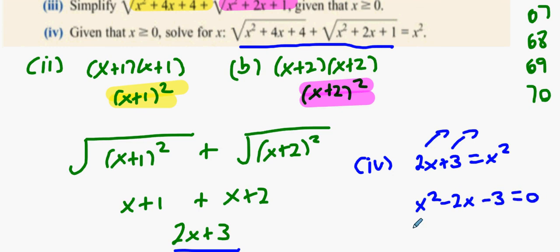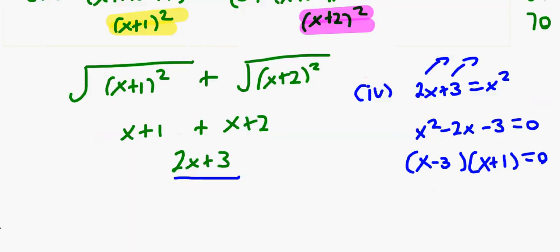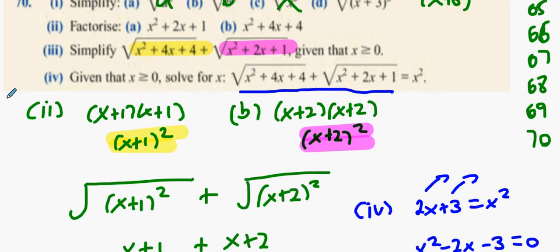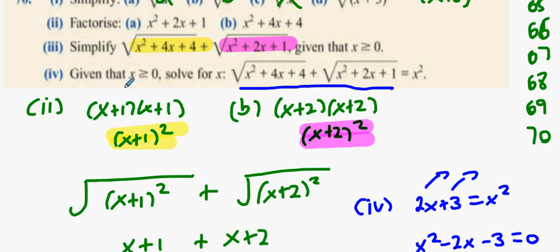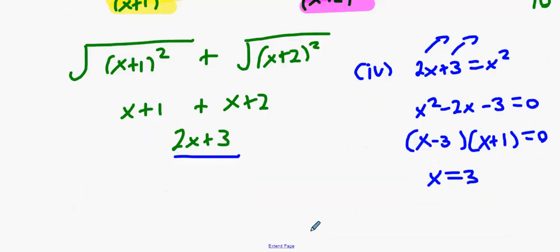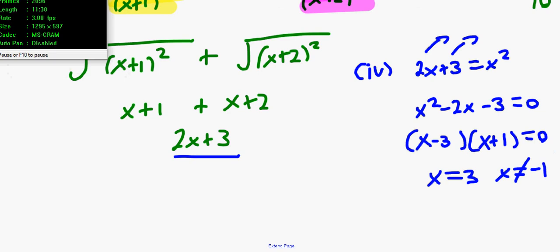Now what you get then? Has to be positive, is it? What's it say? No negative number allowed. So x cannot be equal to minus 1. And you're done. Who beat me to the last answer?